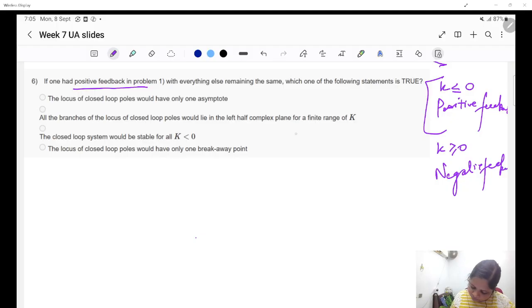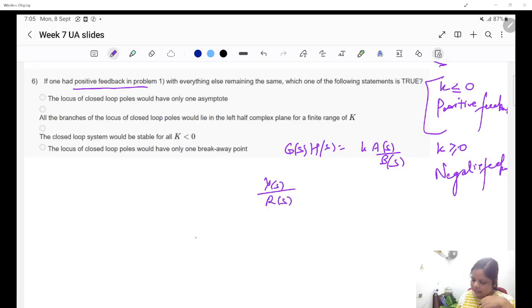Because what happens if your open loop transfer function G(s)H(s) is given by K A(s) upon B(s), then my closed loop transfer function Y(s) upon R(s) is K A(s) upon, sorry, A(s) upon B(s), which is G(s).